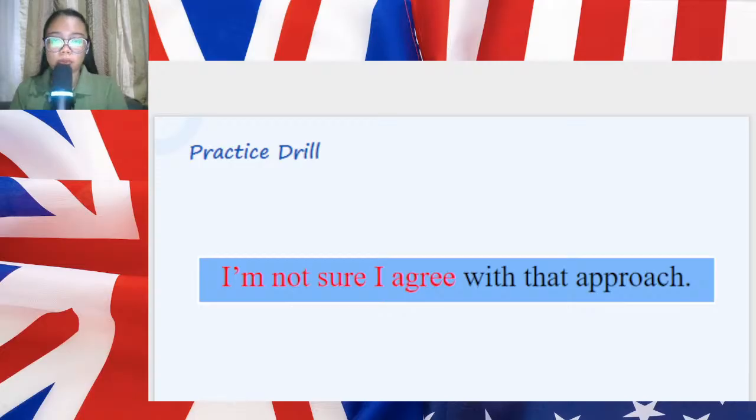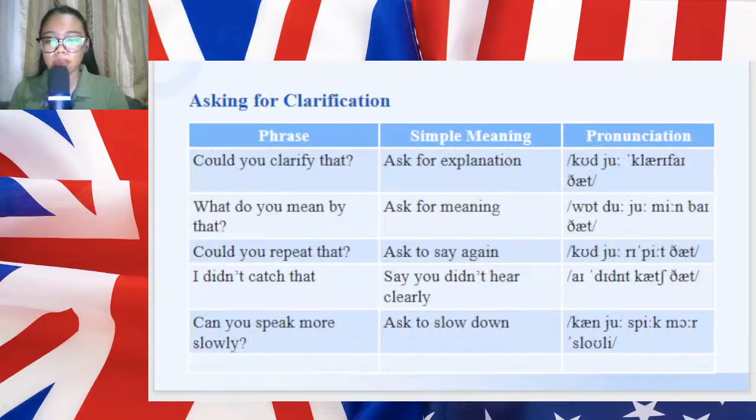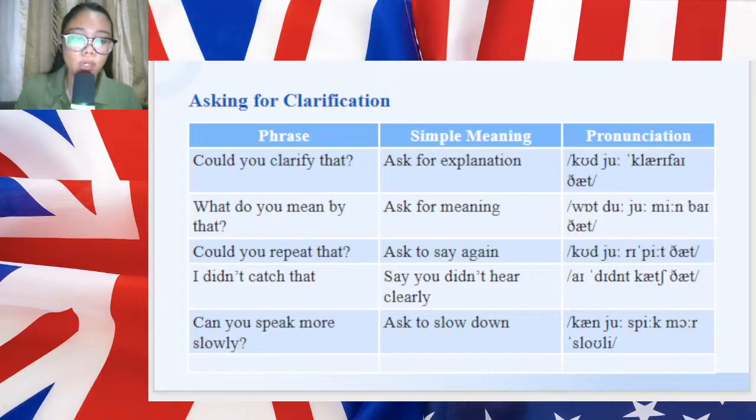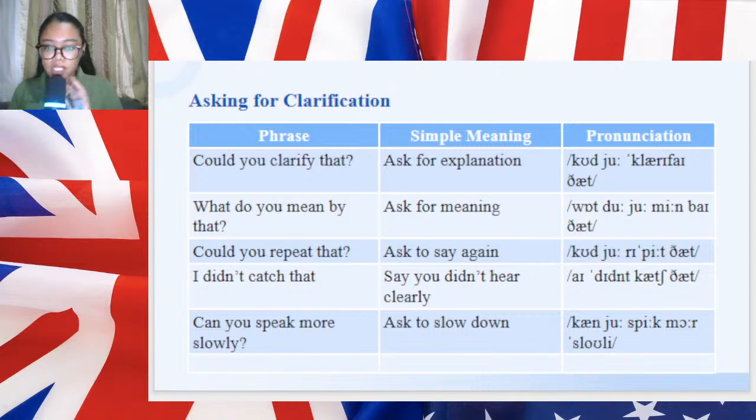So those are the phrases for contributing to a discussion. Let's move on to another set of phrases, which are under asking for clarification. Phrases that we can use when we try to ask for clarification. Starting with, could you clarify that?